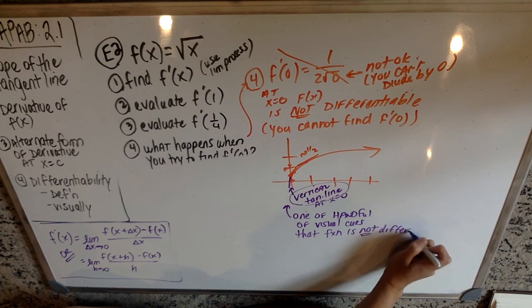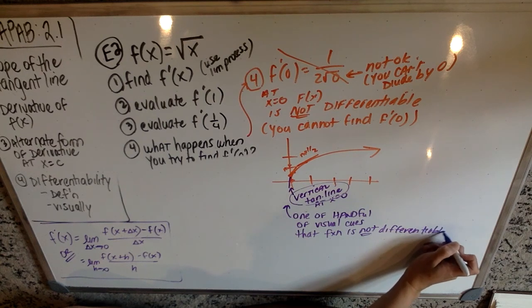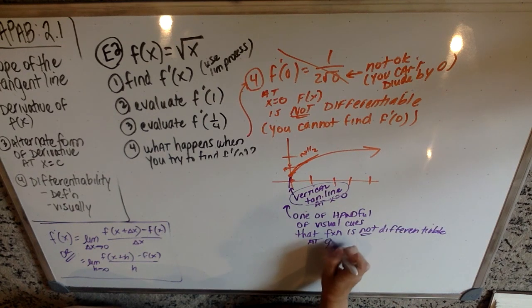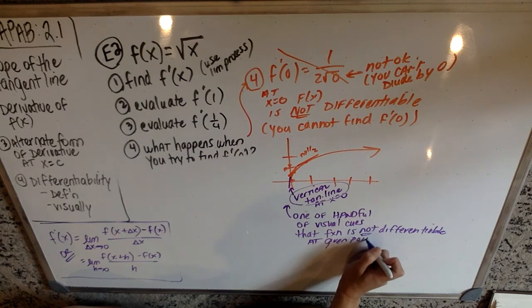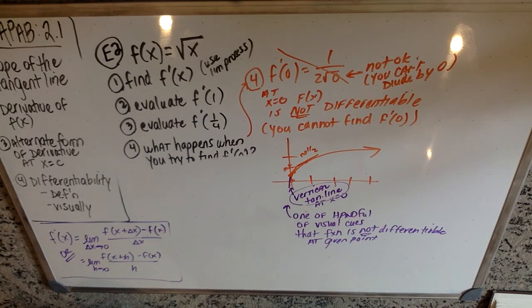Like, you cannot take the derivative at a given point, okay? And that's going to be the last thing we talk about when we get through some other stuff today, but that's why you're not able to find that value. You end up with 0 on the bottom algebraically, but when we talk about a list of visual things where we're not able to differentiate, that's one of them, okay?